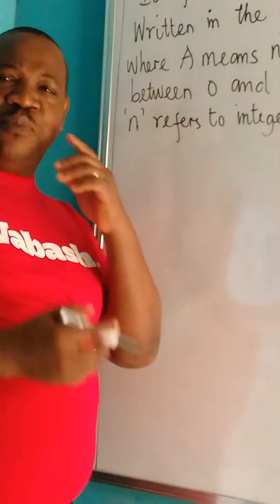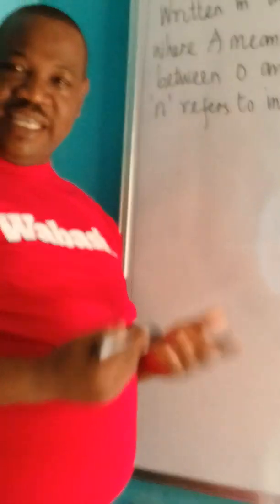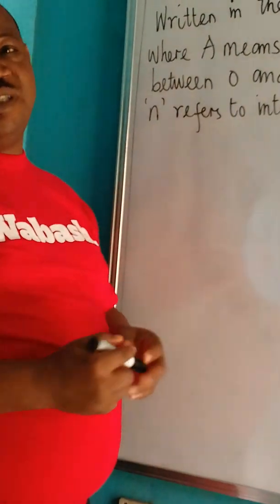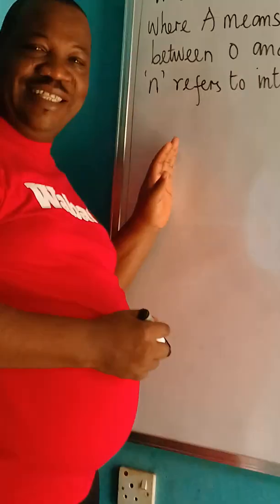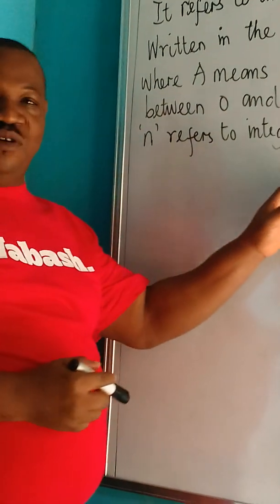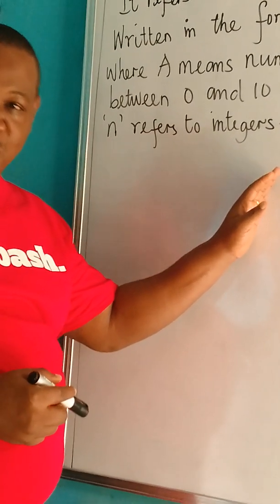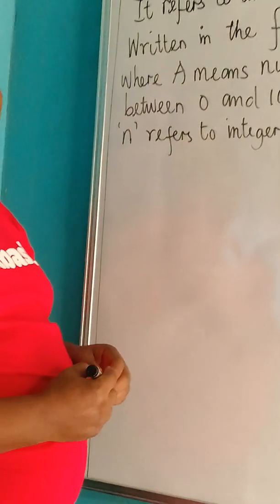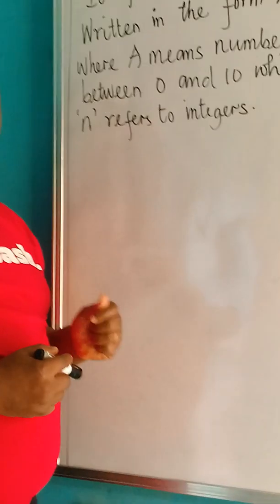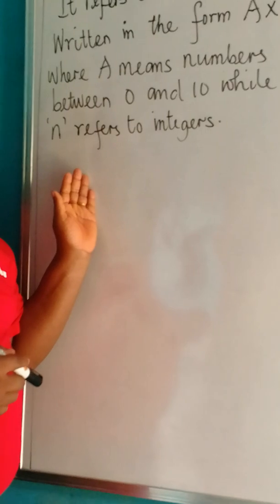They can either be positive or negative. Example, -1 or +1, where -1 is a negative integer or negative whole number, and +1 is a positive whole number or positive integer.